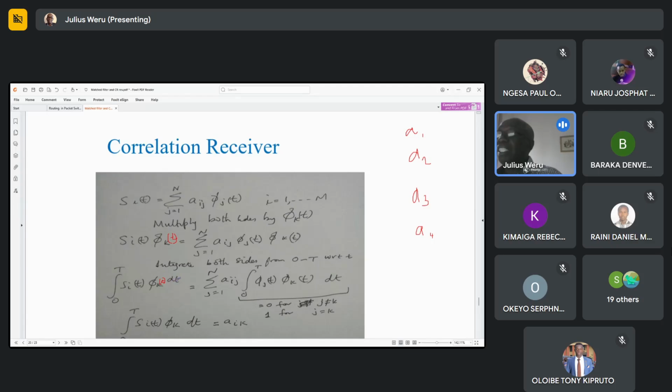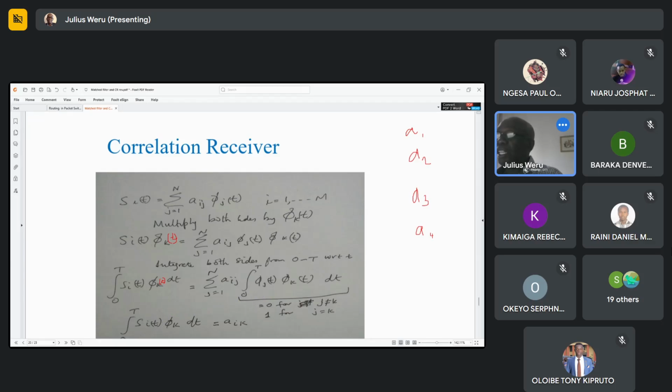So this s_i of t phi k of t dt is equal to this times this, and this will be 0 because these are orthogonal basis functions. It will be 0 when j is not equal to k, and 1 when j is equal to k.